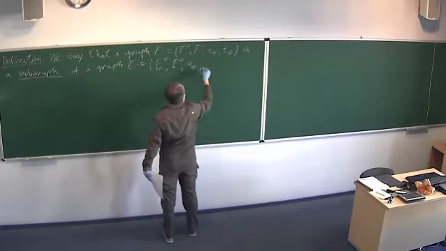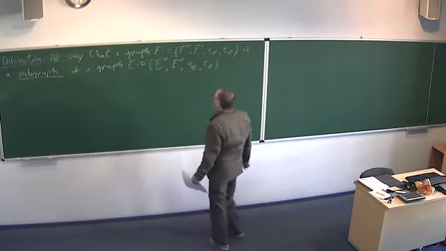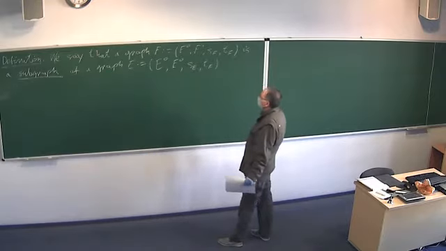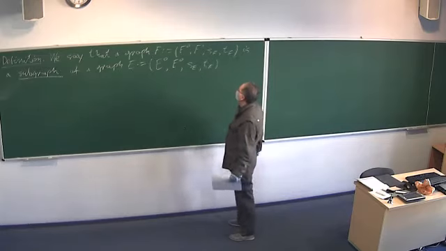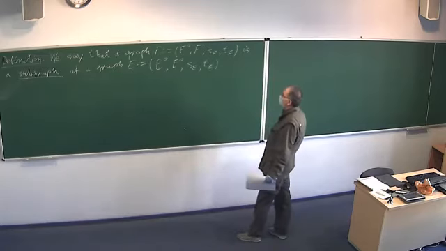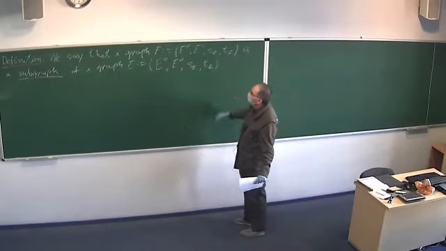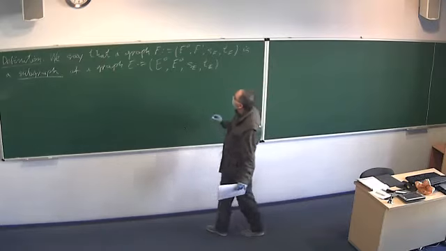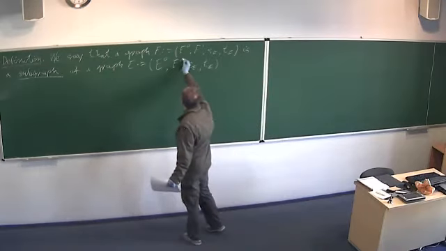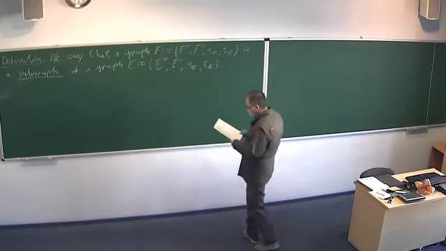And you see, now that I have more than one graph in play, I decorate the source and target maps with the letter denoting a graph, because we have to distinguish these source and target maps from these source and target maps. It's only when we have just one graph that it's a redundant decoration.